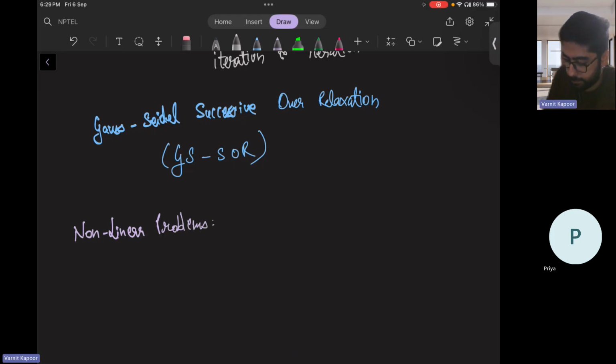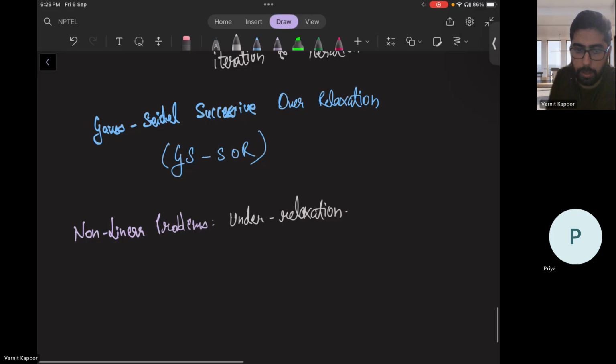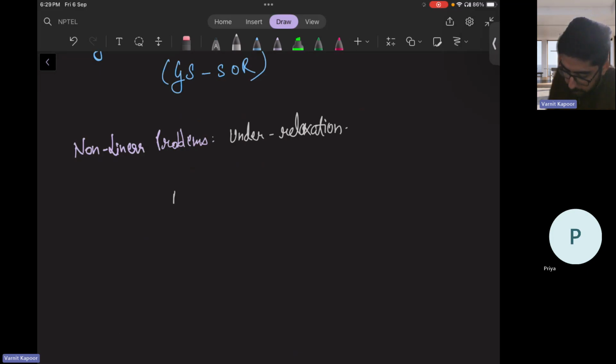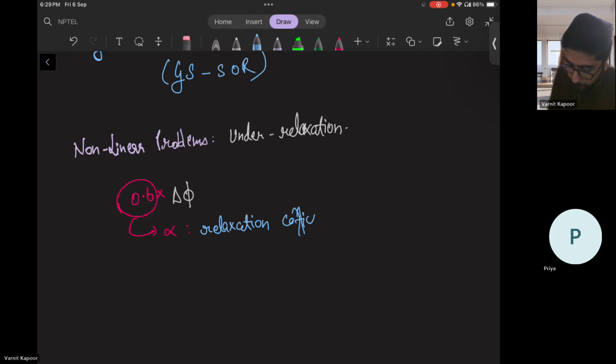Under relaxation. So suppose you multiply the change of phi with a factor 0.6, less than 1, which is nothing but alpha, which is your relaxation coefficient. Okay. So this is by experience, you understand.